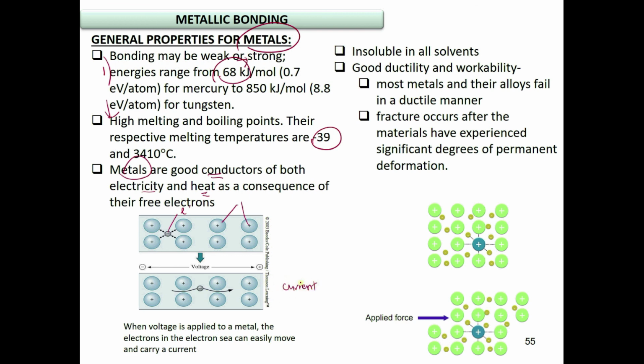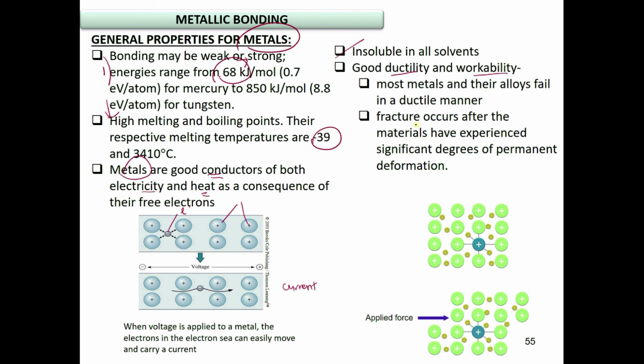That is why metals and alloys are good conductors. Another thing is metals and alloys are insoluble in all solvents, and they have good ductility, and most metals and alloys are easily workable and shaped when subjected to forces.